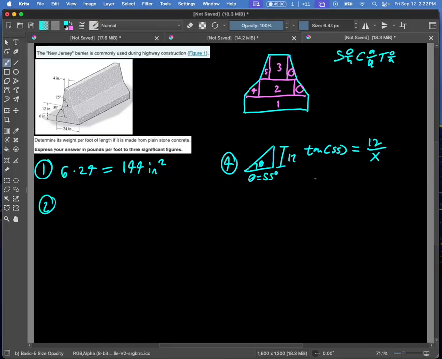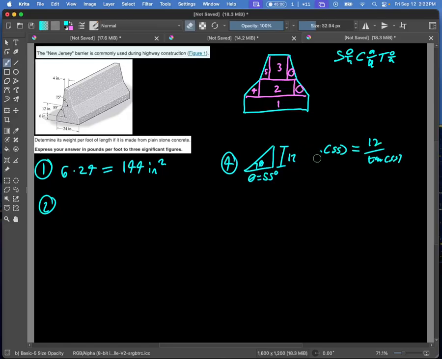We multiply each side by x, x goes away, and then we divide each side by tan of 55.